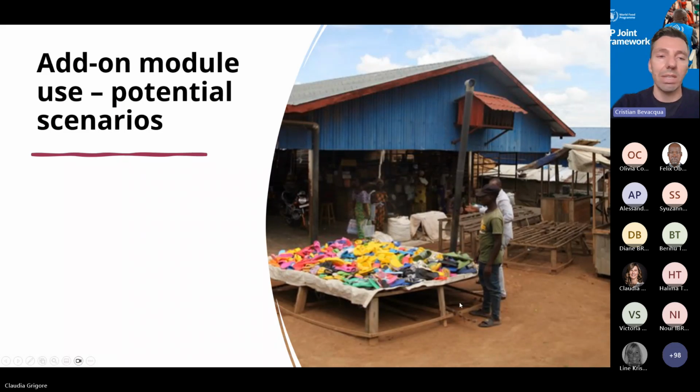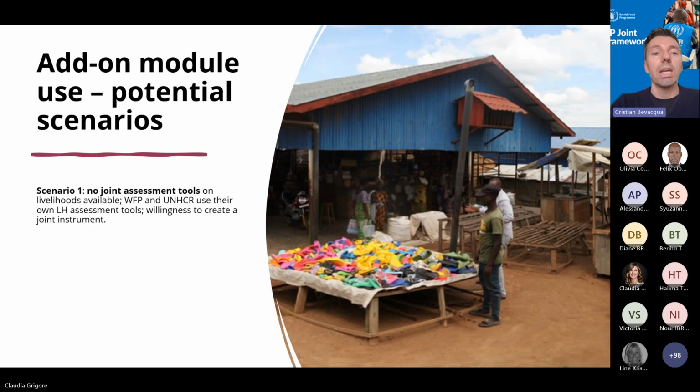We thought of mainly three scenarios. The first scenario is one in which, in a given country, there are no joint livelihoods assessment tools already developed, but the two country offices, UNHCR and WFP, normally use their own livelihoods tools, and they have an interest in developing together a joint assessment tool.